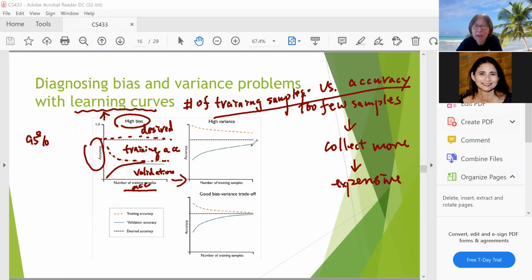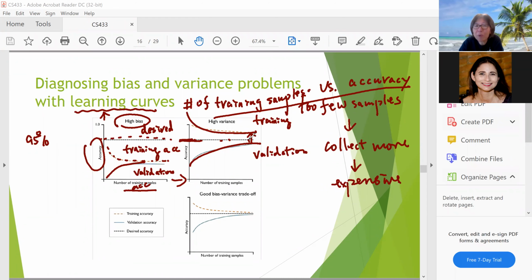And then the second scenario is, here is the desired accuracy. So your variance, this is the training. The training accuracy is pretty good, as it's all above the desired one. But the validation part is far below.